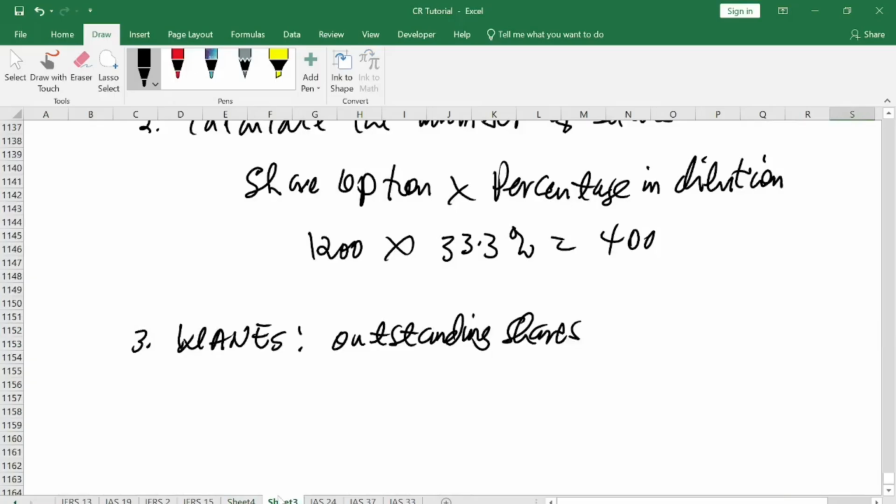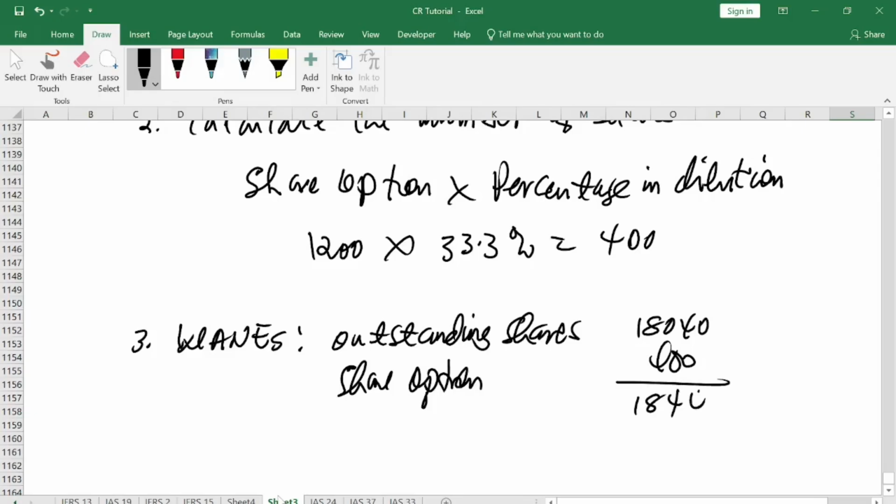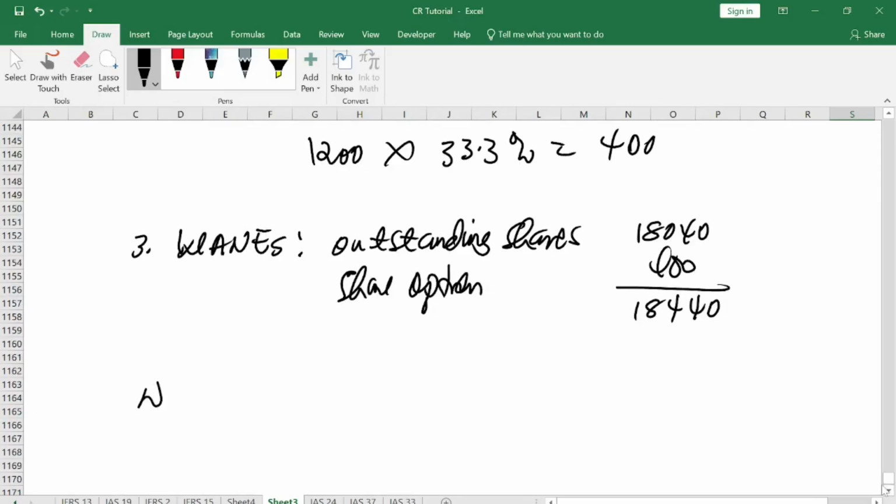That is 180,040 plus the share option converted, which is 400. When you add, you have 18,440.